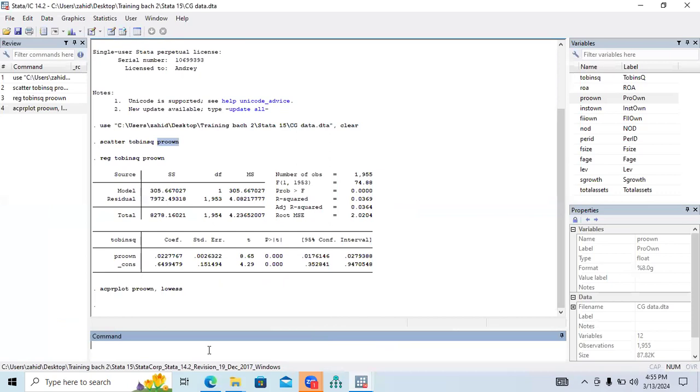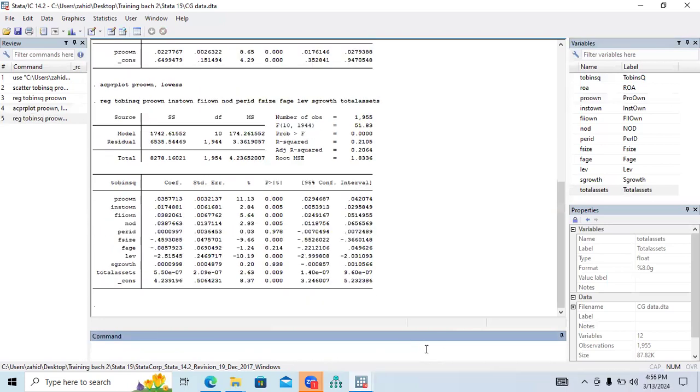So we can test linear relationship on other variables too. Like we can run the regression with dependent variable Tobin's Q with independent variables 1, 2, 3, 4, 5, 6, 7, 8, 9, and 10. So these are basically the total independent variable set that we have with our first dependent variable. So let's suppose that we are going to run this command with this. As a first step, I have run the regression.